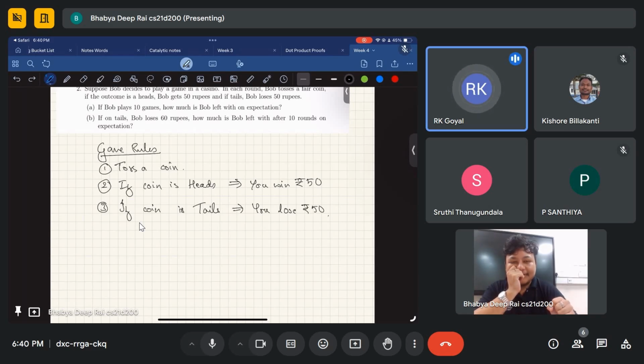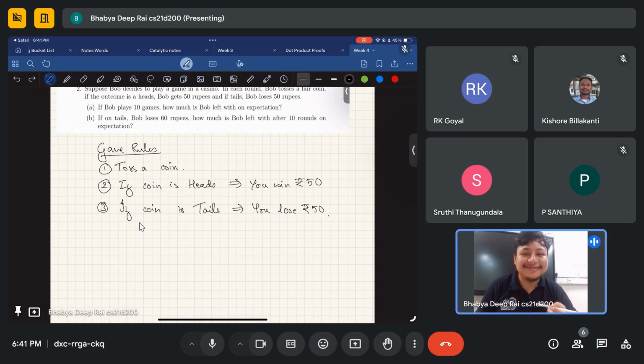Assume that every game is independent of one another. By linearity of expectation, I would be adding this expectation 10 times. So the value came out to be 0 again. What do you think? Did you guys agree with him?